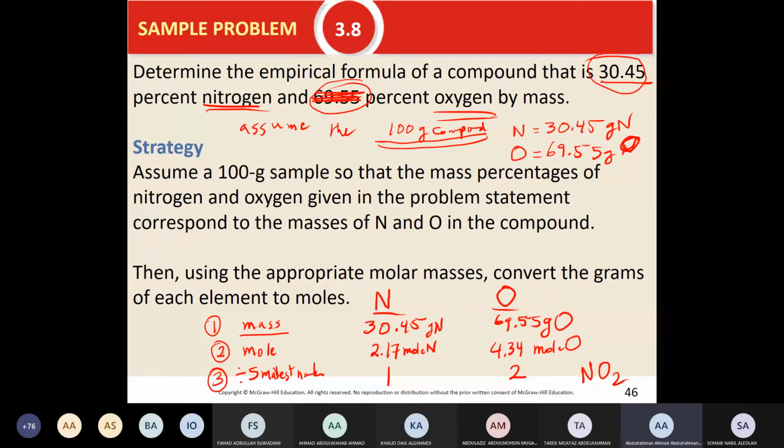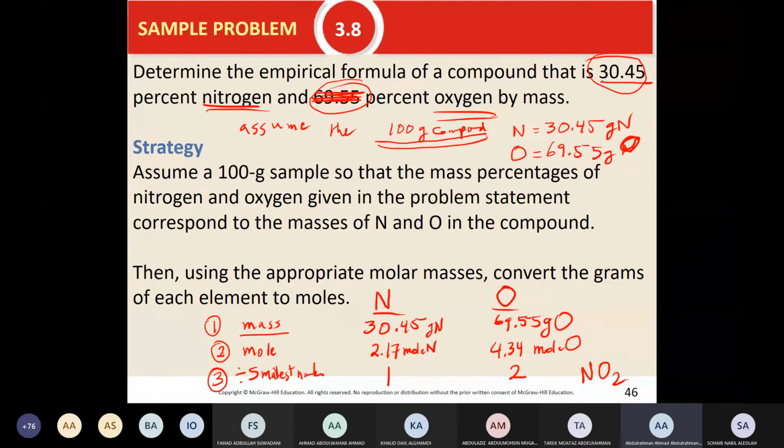Somebody can say, I don't want to assume this, I will assume that I have 1 gram of compound. Then what will be the amount of nitrogen in this case? 0.3045. Is this clear? Yes. You can assume either this one or this one. It's up to you. But you assume something and you build on it.